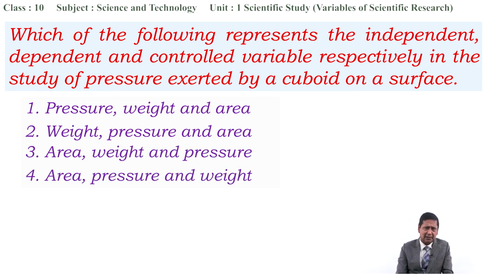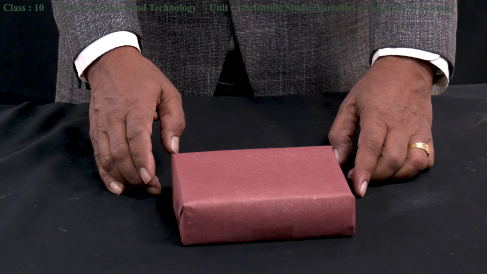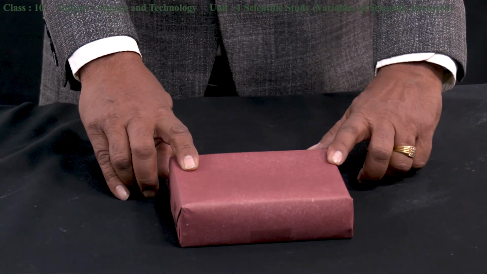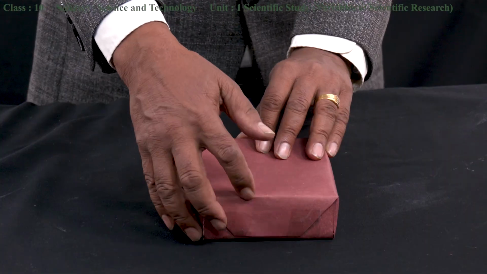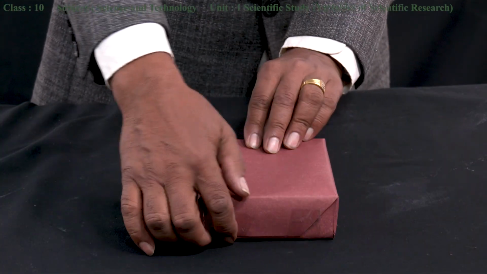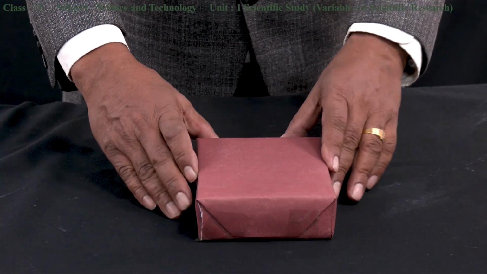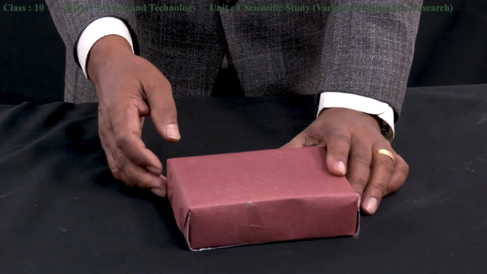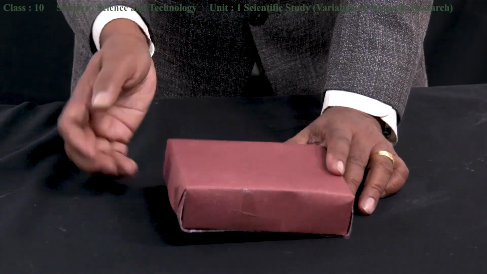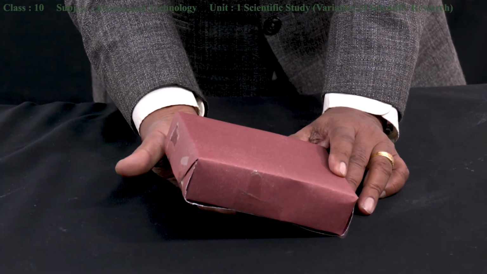Now it can be understood very clearly with the help of a block. I want to show the cuboid. Look at this, this is a cuboid. This is the length, this is the breadth, and this is the height. Length, breadth and height. And if it is placed this way, length and breadth wise, then it exerts pressure on this surface, isn't it?